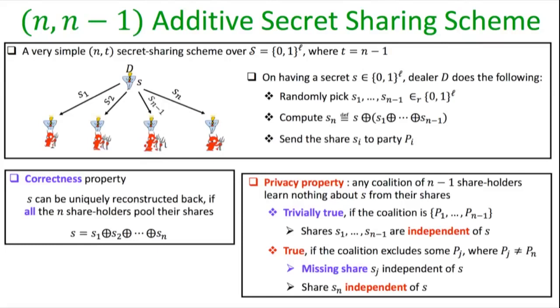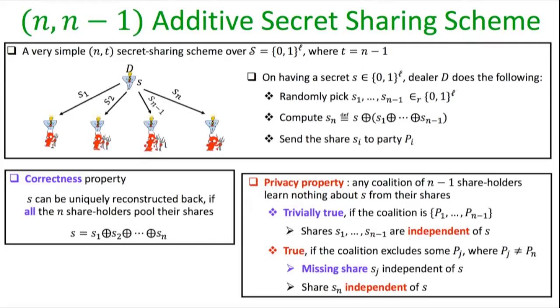But that's not true because even though the last share S_n was dependent on the secret S, it was also dependent on the first n-1 shares. Now I am assuming here that only n-1 shareholders are colluding, including the last shareholder.